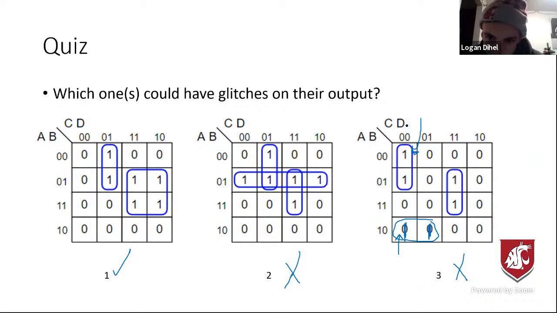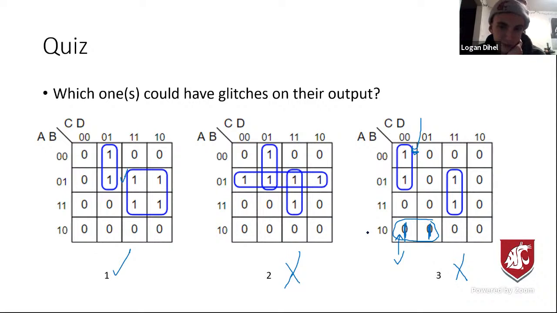So this would cause a glitch in that example. But that's a little technical, so you've got to watch out for that too. And so over here, that's not happening. Well, there's a glitch here, we know that, but I think that's the only glitch that I see. Because these guys wrap around to that side and they're fine. This one wraps around down here. That one's fine. So just be on the lookout for that.